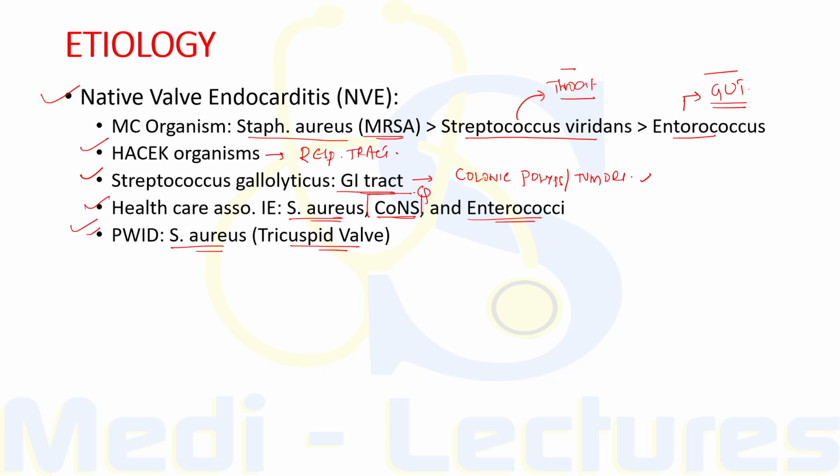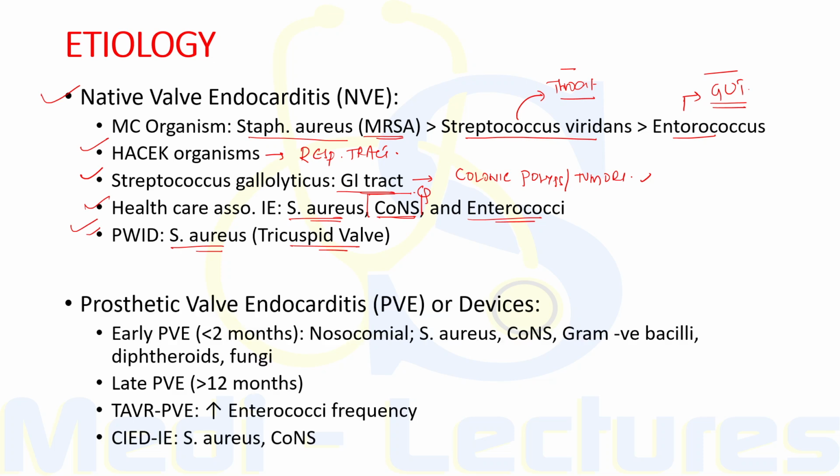Now let's discuss the various organisms implicated in prosthetic valve endocarditis or patients with intracardiac devices. So early prosthetic valve endocarditis, that is within 2 months of valve placement, is generally due to nosocomial infection, that is intraoperative contamination.